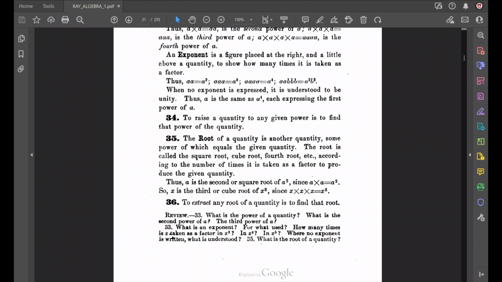The definition of a root. The root of a quantity, just listen to this. The root of a quantity is another quantity, some power of which equals the given quantity. That's just mumbo jumbo, right? It's a very confusing way to express this idea, but it makes sense if you take it apart slowly.